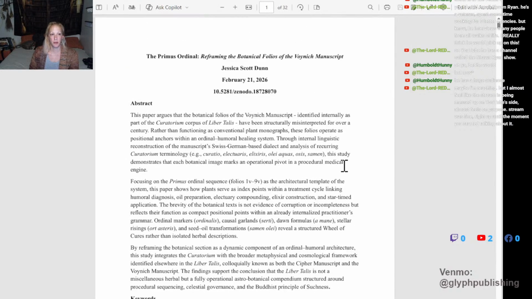So this is the Primus ordinal, however you choose to say it. Okay, the ordinal system, plant folio, is talking about the plant it depicts. While it might mention something associated with the plant, but very rarely.